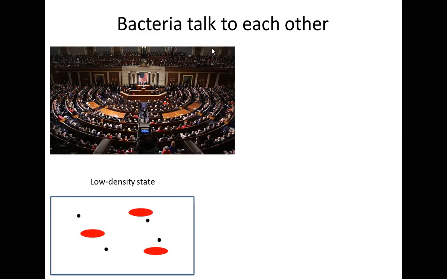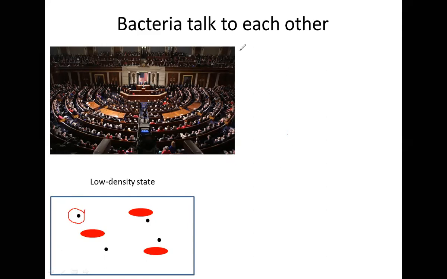They are producing some kind of chemical inducer, shown here with these black dots, which is secreted into the surrounding environment. The entire world that these bacteria see is represented by this square. And again, in this low density state, the phenotype of the bacteria is the red phenotype.